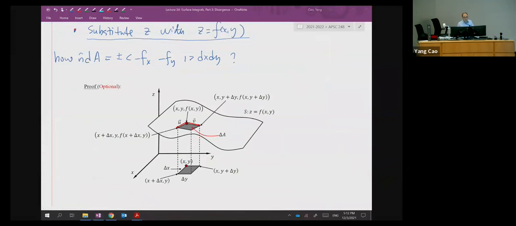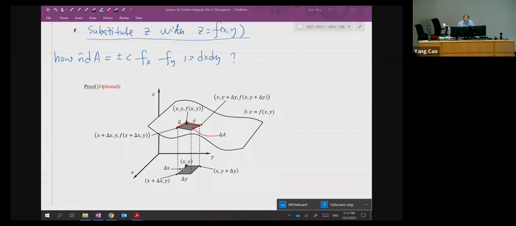The general idea is you have a surface over here, and you create a very small patch on the surface. How the small patch is created is this. First, pick a point xy in the xy plane, and make sure that xy is part of the shadow of the surface. Then you change this xy by delta x, delta y in either direction along the x and y axis.